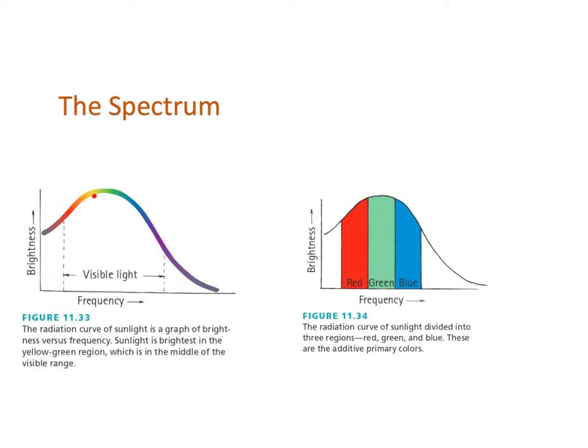And you can see that the greens and the yellows, that's where the sunlight is the brightest. And so that means those colors have the most energy in them. And the reds and the oranges and the purples have less energy. And you can also see the range from here to there is what we call visible light.